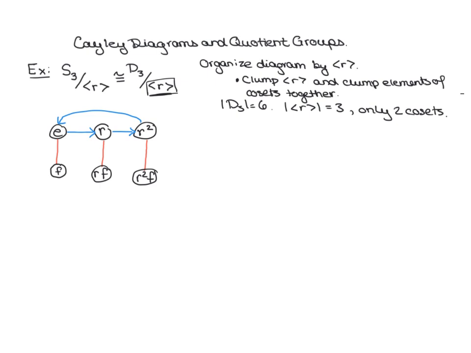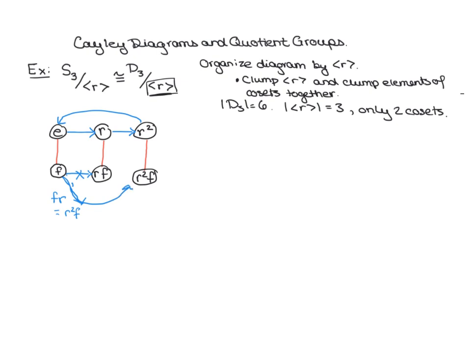But then notice that when I draw my R arrows, the flip F can't go nicely like this. This is normally how I would start out writing my diagram, but F does not just go to RF, because this actually goes, well, let me write this out a little bit better. So this arrow should actually go to FR, and FR is equal to R squared F. So this arrow should actually go all the way over there.